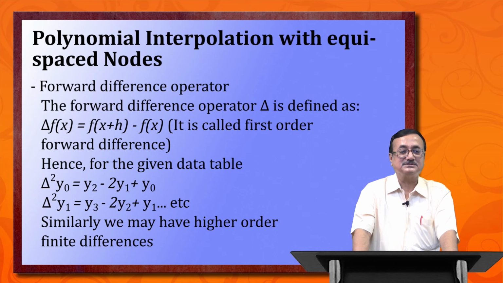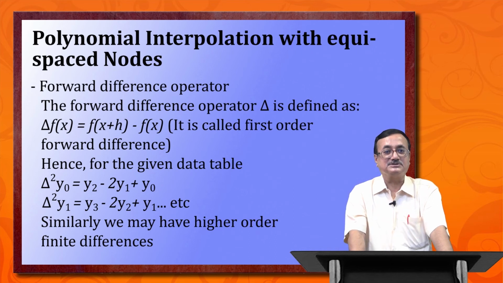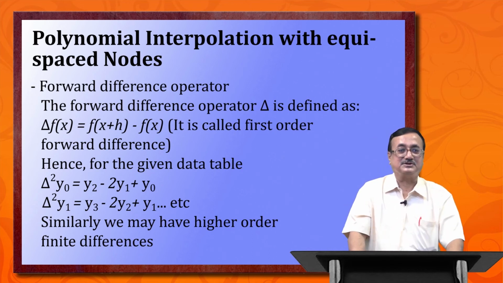Following this rule, delta square on y0 gives y2 minus 2y1 plus y0. Similarly, delta square on y1 gives y3 minus 2y2 plus y1, etc.